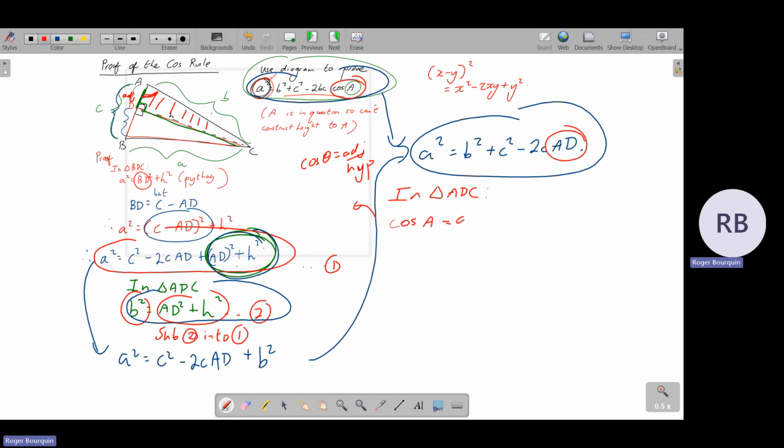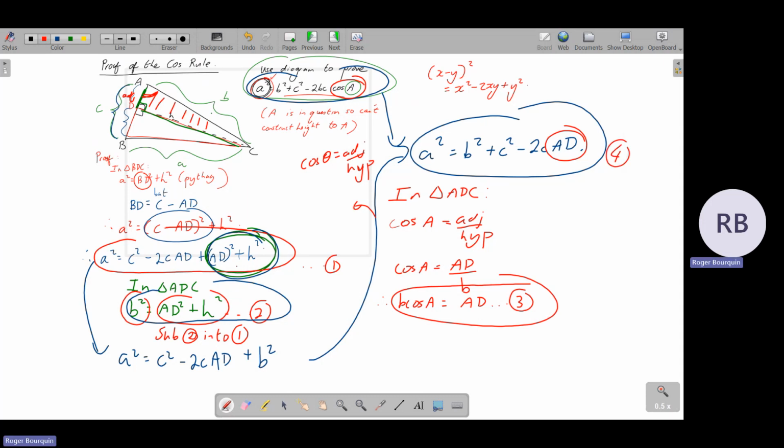So cos of angle A is equal to adjacent over hypotenuse, which is AD over b. So therefore, times by b, b cos A is equal to AD. Let's call that equation 3. And we'll call this equation 4.